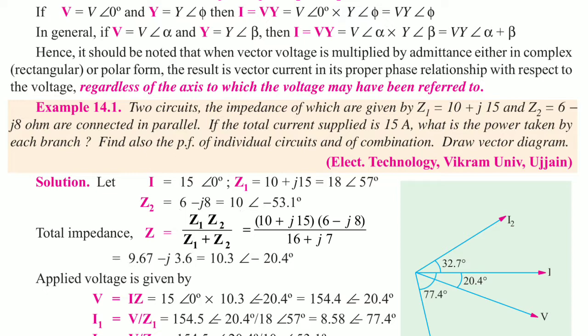what is the power taken by each branch? In the Z1 branch and the Z2 branch, how much power is taken?